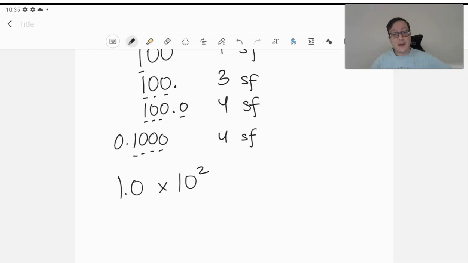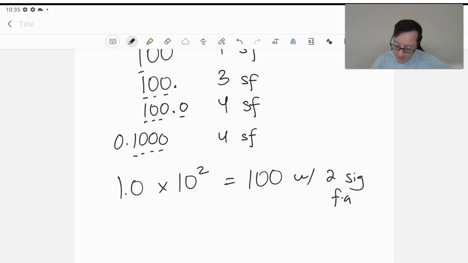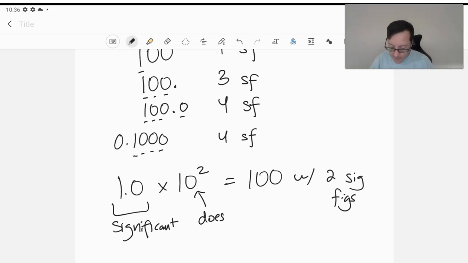We are going to have a base number and an exponential term. This way, this will equal 100 with 2 sig figs. Mathematically, the number is 100. 1 times 10 squared is 100. But this part has significance, and this does not. The power of 10 does not carry significance.